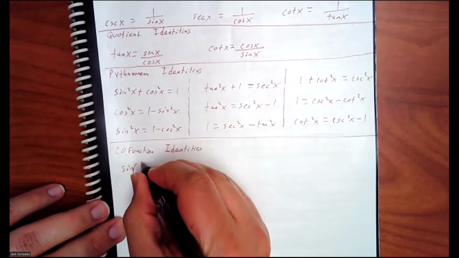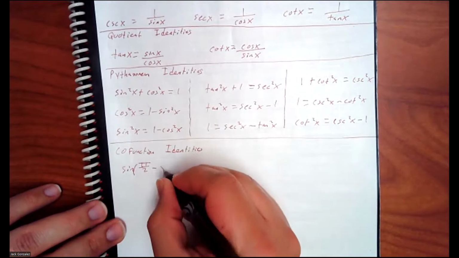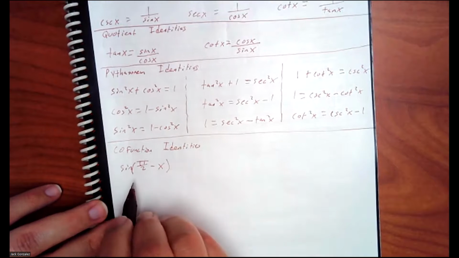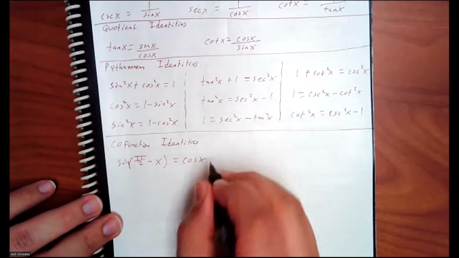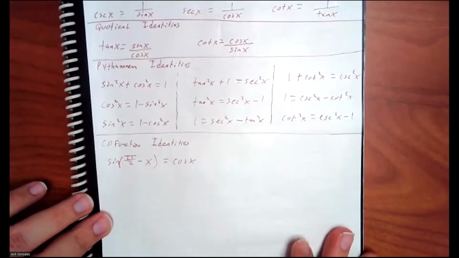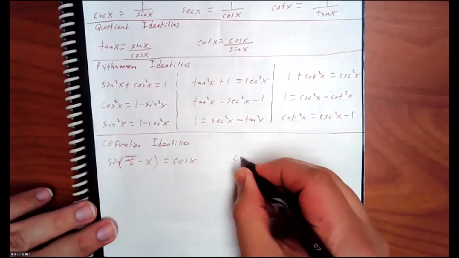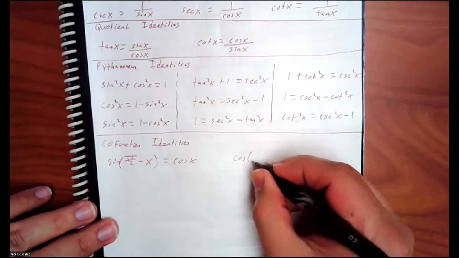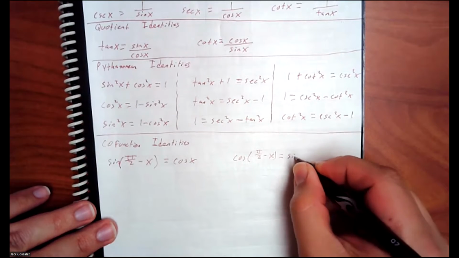I don't know if we'll need this, but just in case, pi over 2 minus x is going to be cosine x. If you do it with cosine, pi over 2 minus x, that will be sine.